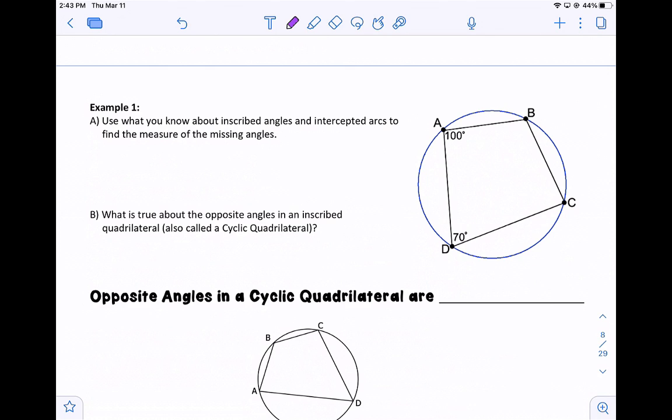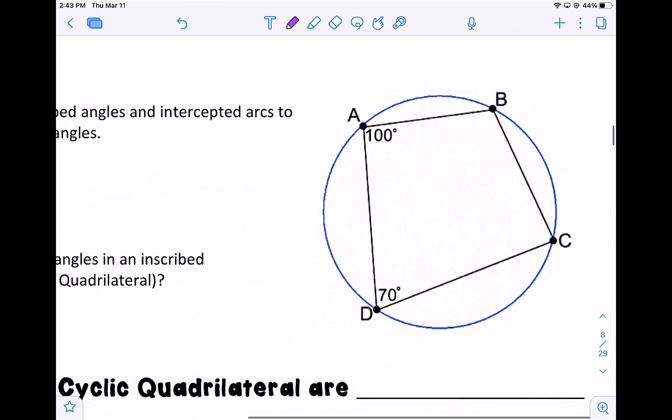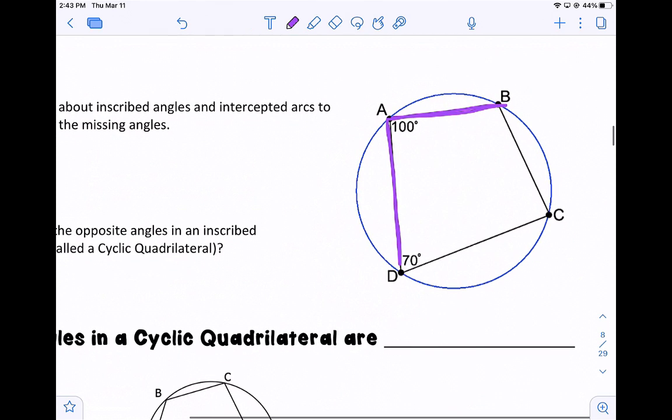Example 1, use what you know about inscribed angles and intercepted arcs to find the measures of the missing angles. So this is a good review of our inscribed angles. I'm just going to pick one of these, I'll pick the 100. It's an inscribed angle that meets this arc over here. And we know that if it's inscribed and you want the measure of the arc, we're going to double it.